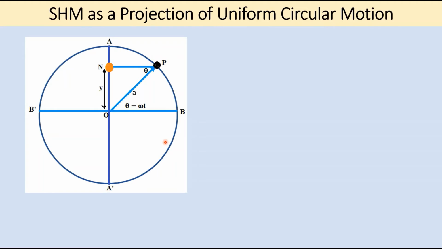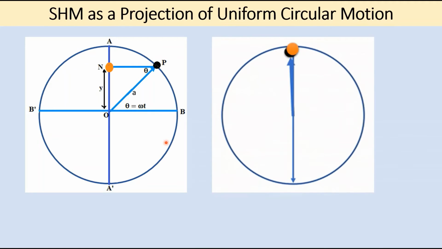So if a particle is moving with uniform speed along the circumference of a circle, then the straight line motion of the foot of the perpendicular drawn from the particle on the diameter of the circle is called the simple harmonic motion. The circle is called the reference circle of the simple harmonic motion.